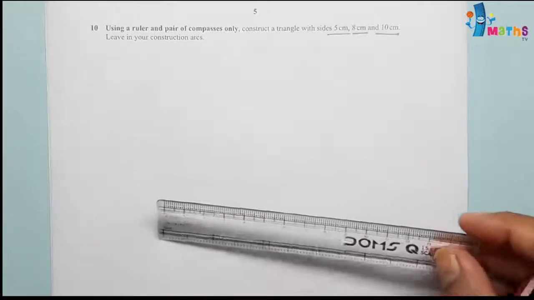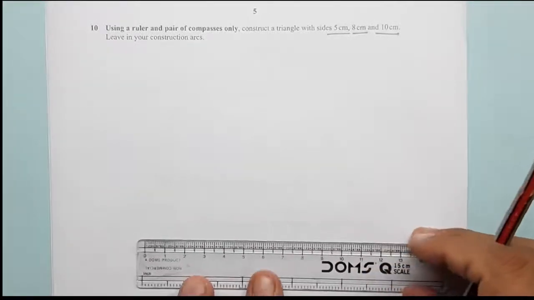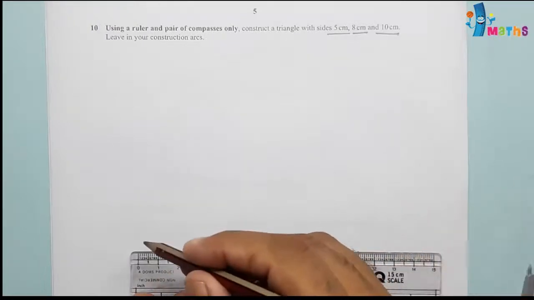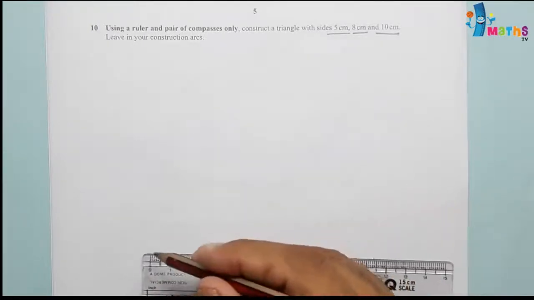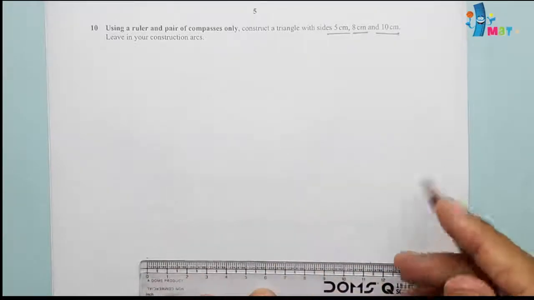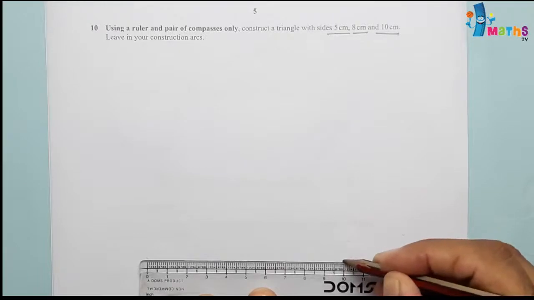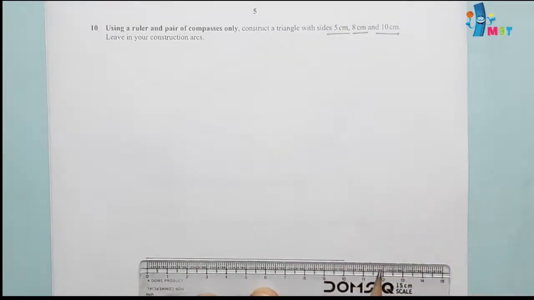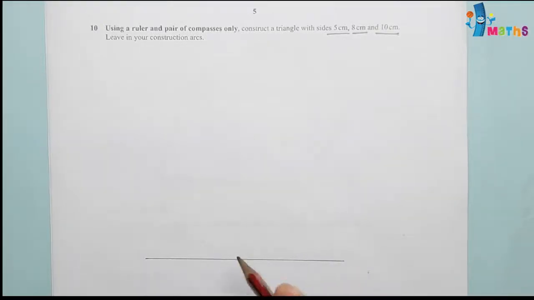We can draw 10 centimeter base, which is over here from 0 to 10 centimeter. So we can draw, this is 10 centimeter exact, so we can write here 10 centimeters. So this is the base, and the remaining will be 8 centimeter and 5 centimeter.